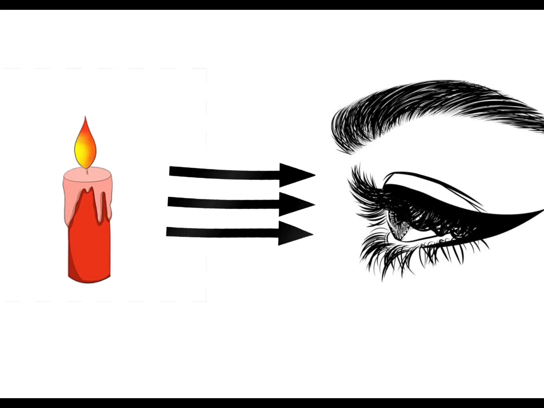After the message is sent to the brain through the optic nerve, the brain has the ability to identify what that image is. So the brain identifies that image, and after that we can identify and see the object, like the candle.